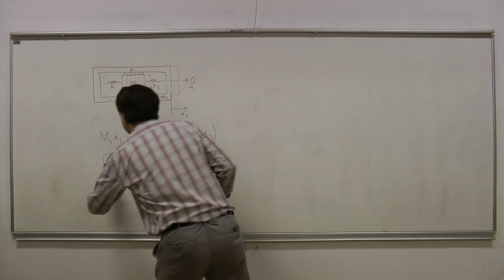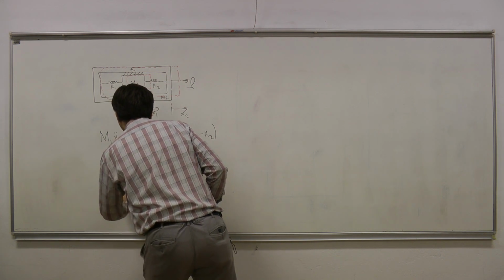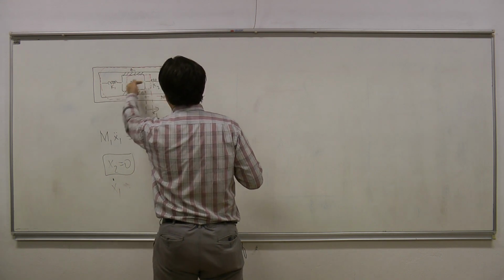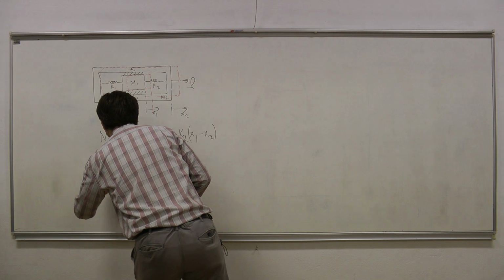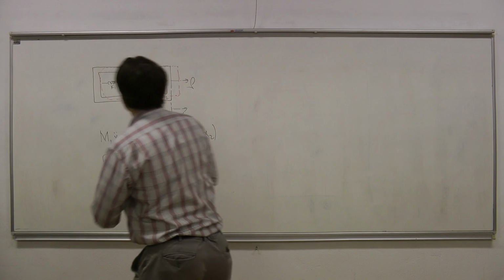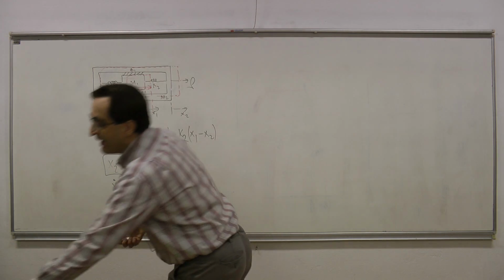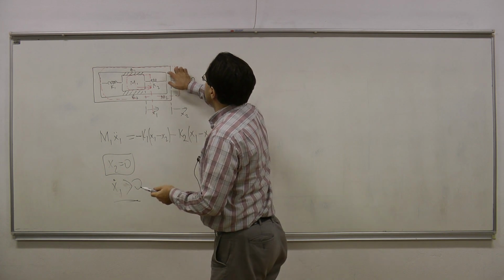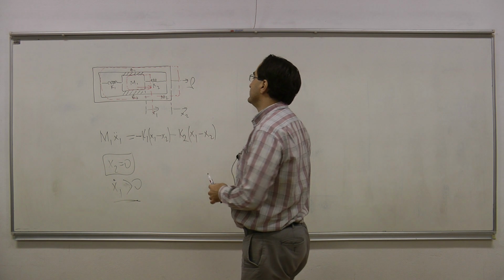Suppose that I move the mass to the right, so x1 dot is positive. I move the mass to the right with constant velocity when the second mass is fixed there, at x2 equals 0.